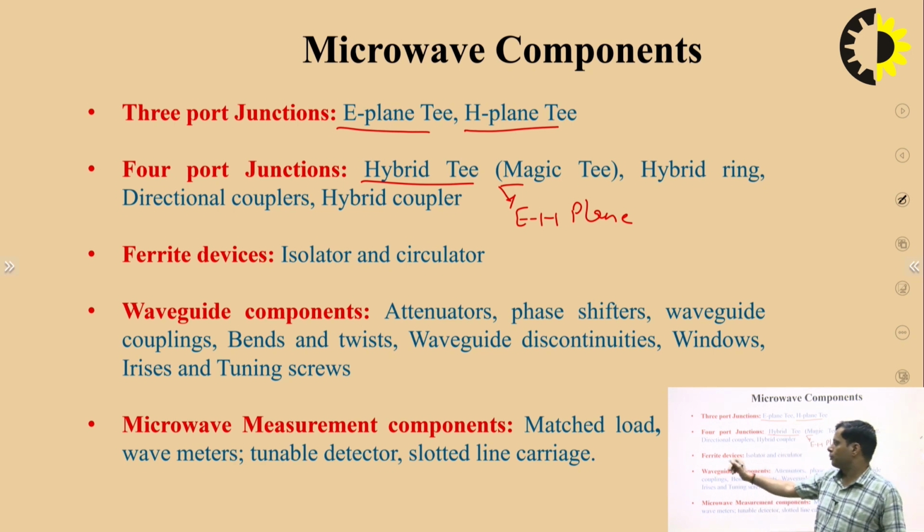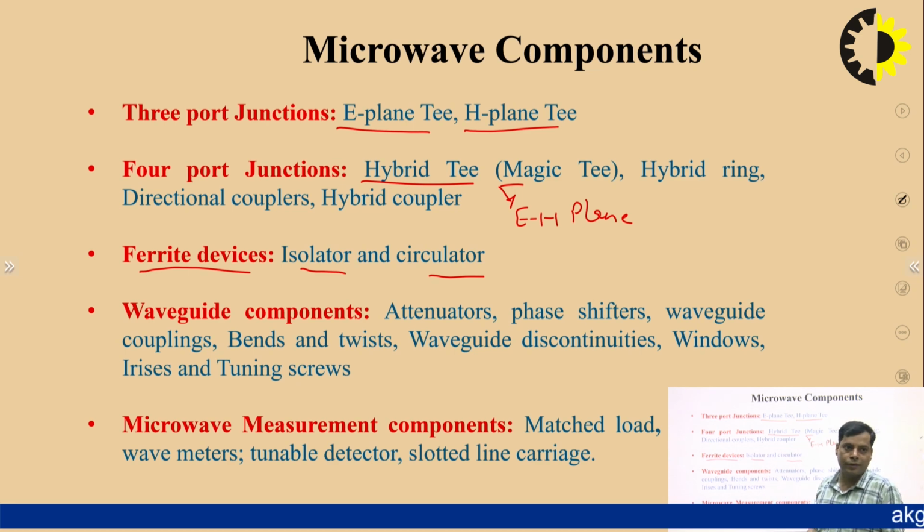Another group of components is based on ferrite devices, which use high resistive, ferrite oxide based materials. Examples are the isolator and circulator.